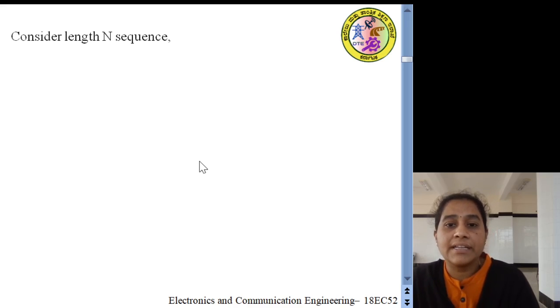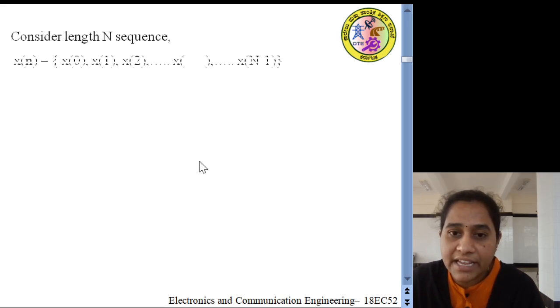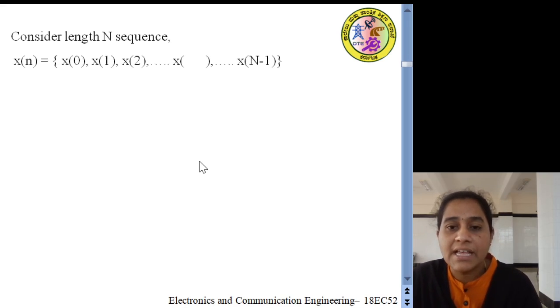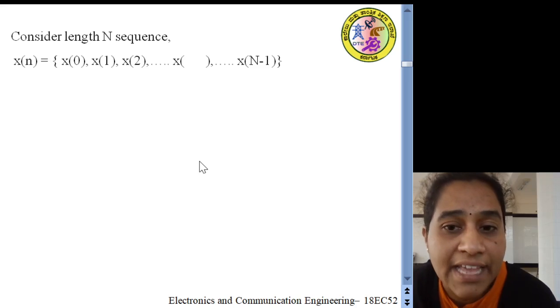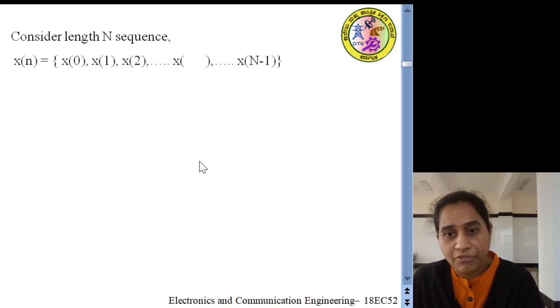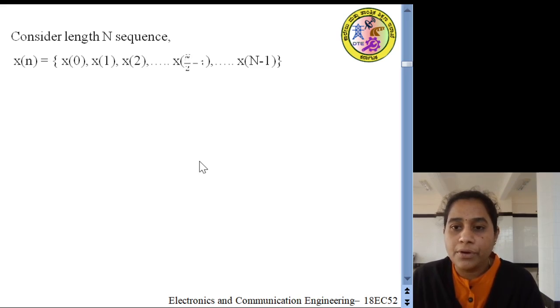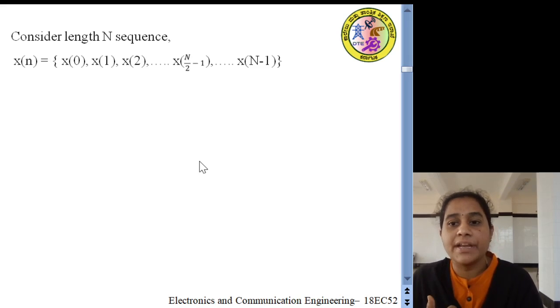Now let us consider the length N sequence which is x of n. That means our x of n has the samples x of 0, x of 1, x of 2 up to x of N by 2 minus 1 up to x of N minus 1.